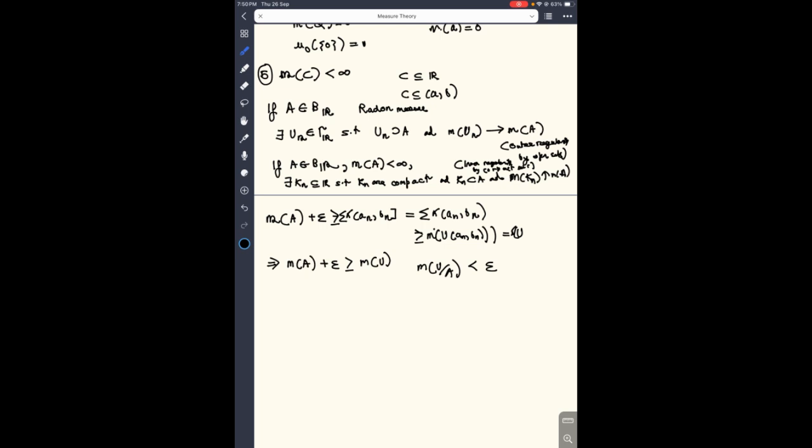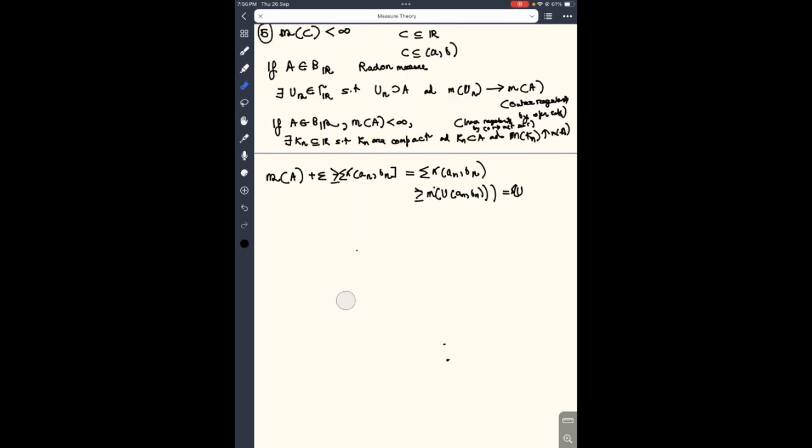I have to think about whether outer regularity holds for a Lebesgue-Stieltjes measure also. If it's continuous, this proof holds, but not if it is not continuous. And the inner regularity is not trivial.